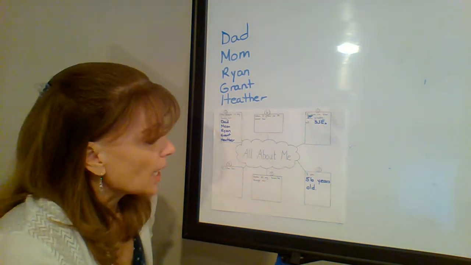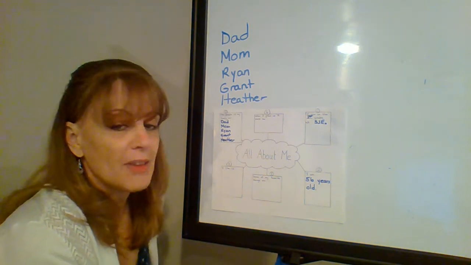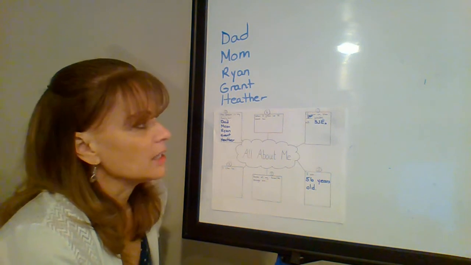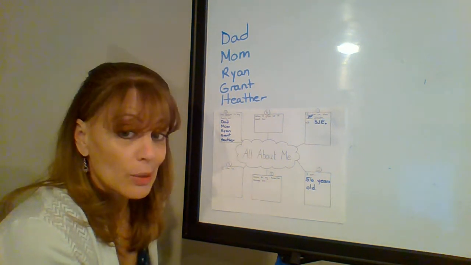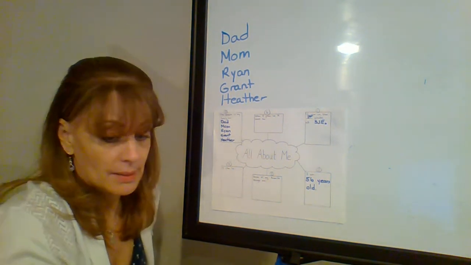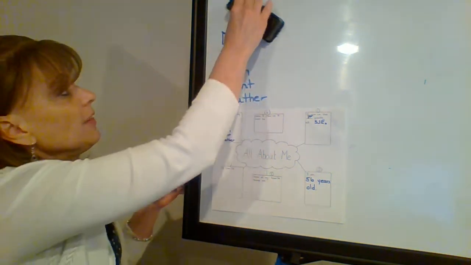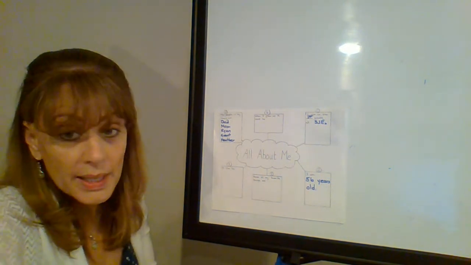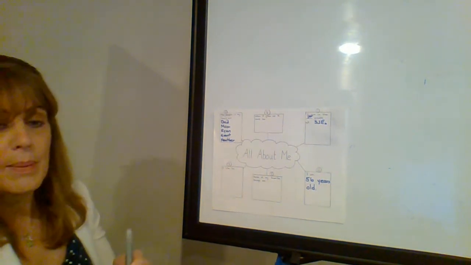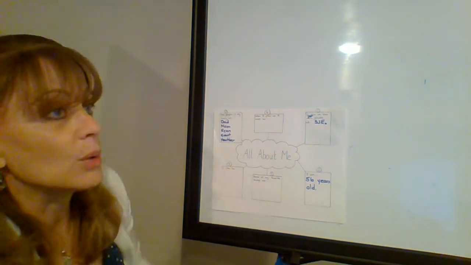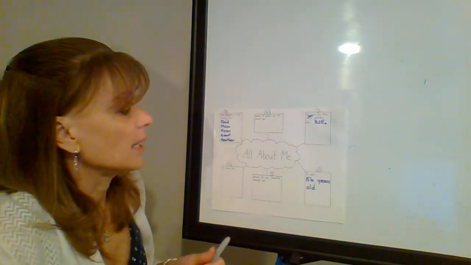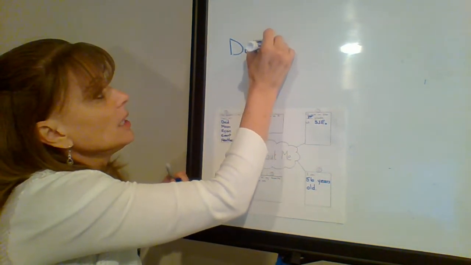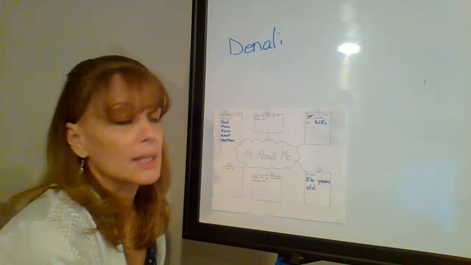Okay, number 4. Some of my favorite things are. So what are the favorite things that you like? Now this is where you can put your pets. Some of my favorite things are. So what are your toys that you love, or maybe a bike, or your swing set, or I'm gonna put Denali, even though he's not really mine, he's my son's.